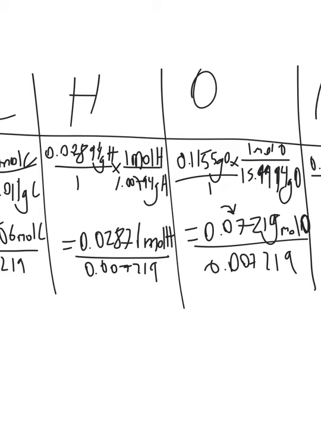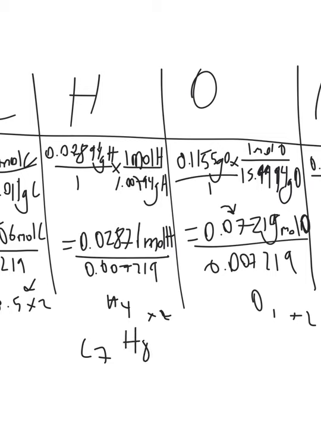Which gives us C 3.5, H 4, O 1, and N 2. Because C is 3.5 and we can't have it as a non-whole number, we have to multiply everything by 2, giving us an empirical formula of C7H8O2N4, which we can now use to determine our molecular formula.